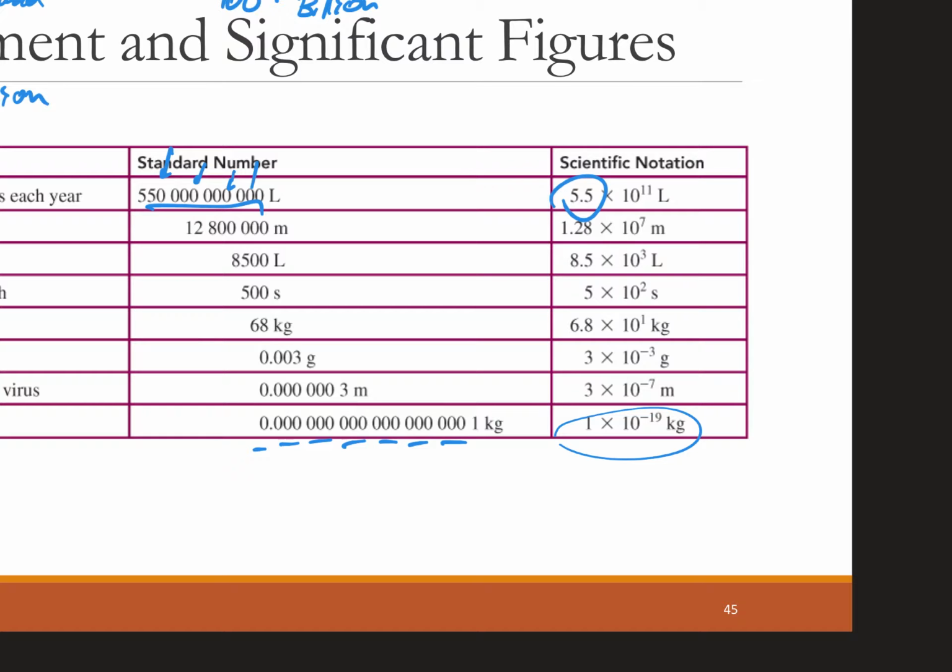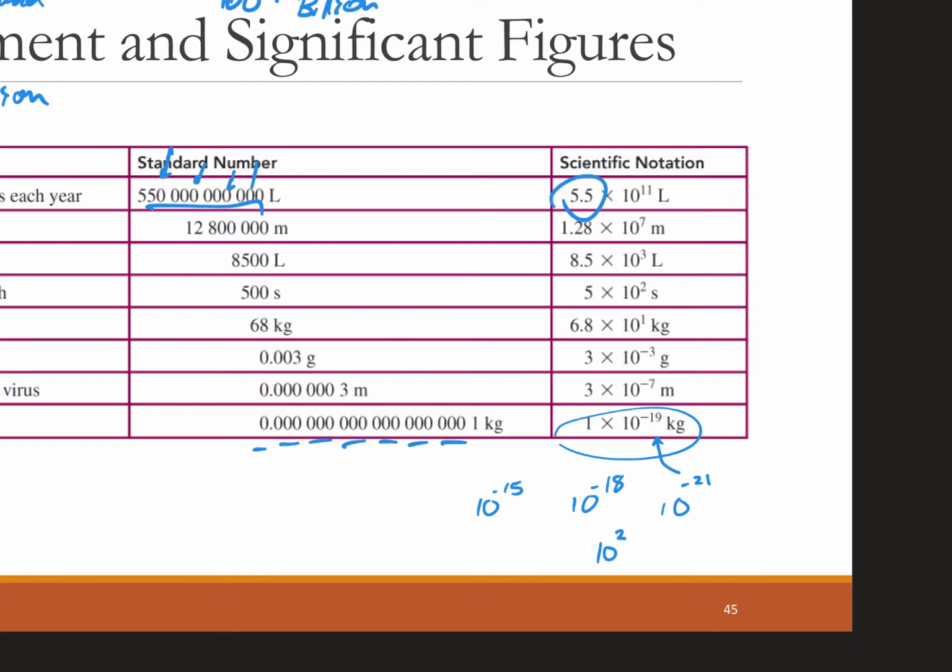19th kilograms. Now, 10 to the negative 12th would be a trillionth, 10 to the negative 15th would be a quadrillionth, 10 to the negative 18th is a quintillionth. So this is now going to the 10 to the negative 21st, which is a sextillionth. And so this is now 100 times larger.